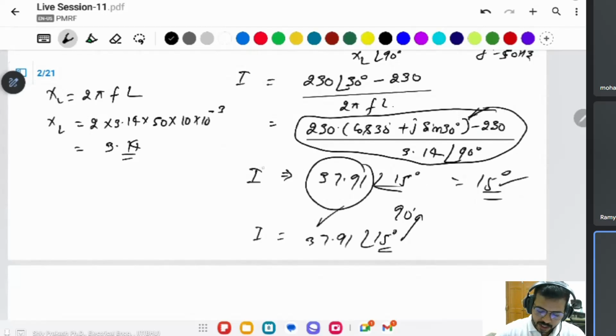You can see this current will be lagging the voltage by 15 degrees. Inductive, same thing.